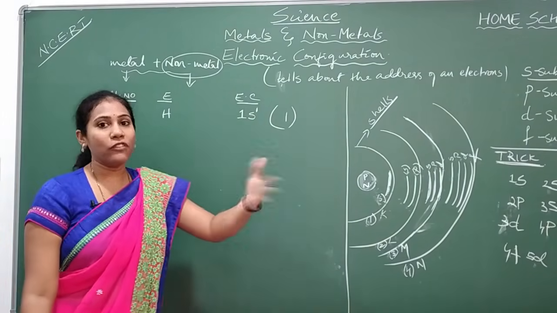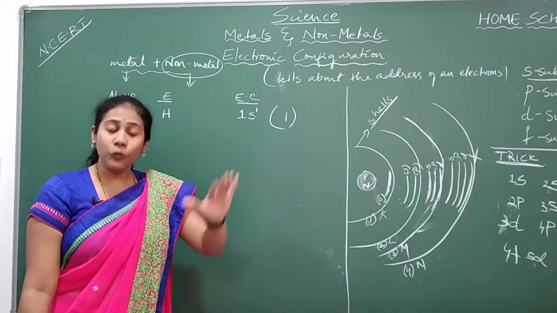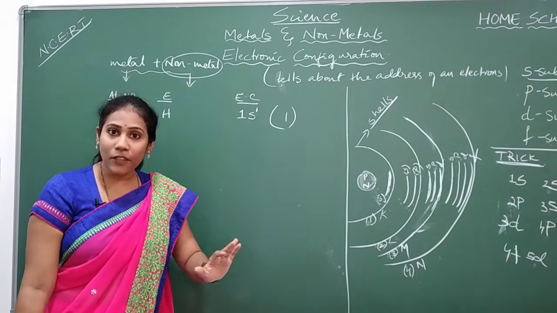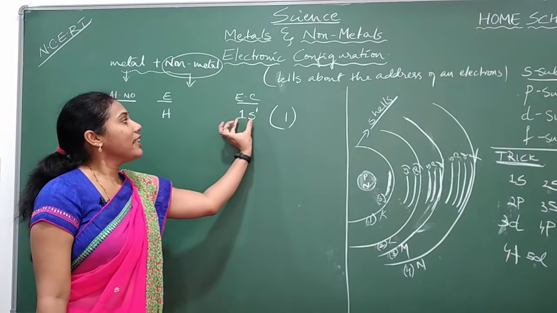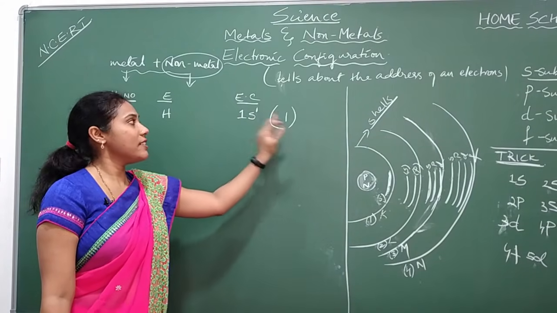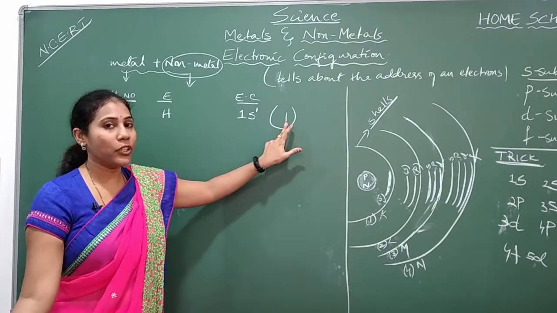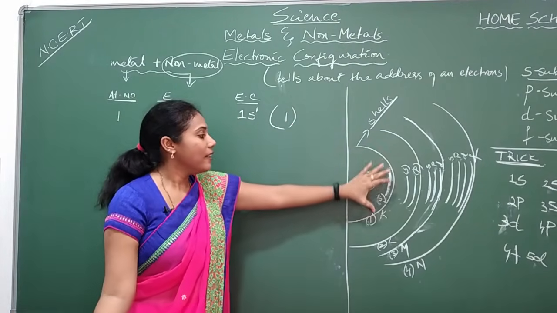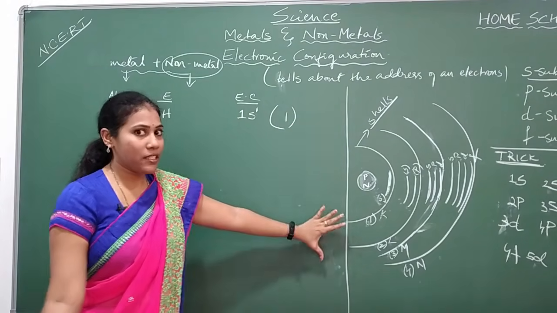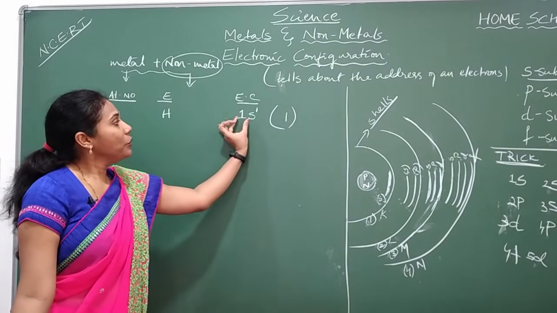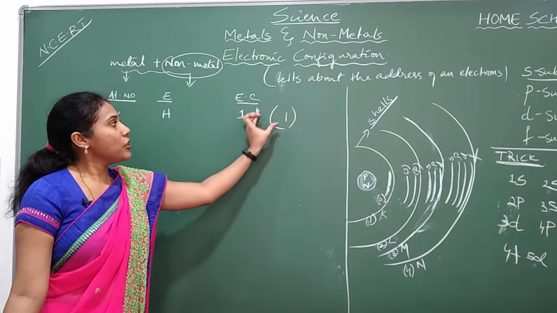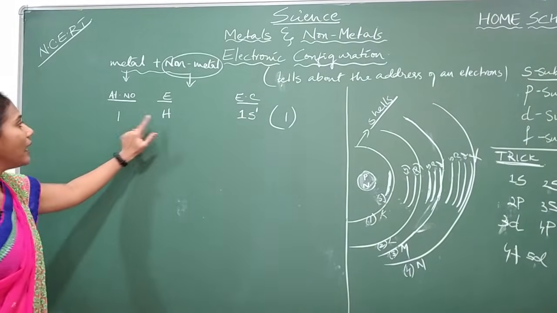This 1s you have not mentioned, yes or no? But you have to increase your standard of learning. So better to write the electronic configuration like this instead of indicating just 1. That means 1 electron is there in the first shell, yes or no? That was the meaning. So now try to write the electronic configuration 1s1 for hydrogen.